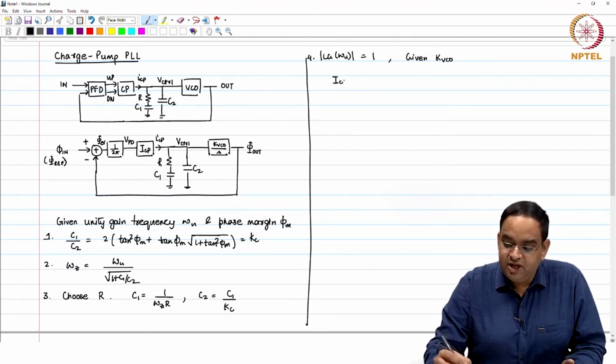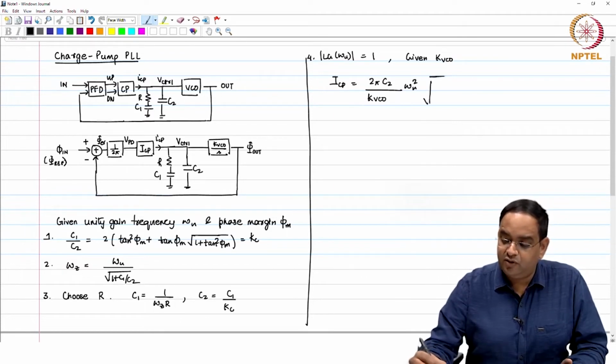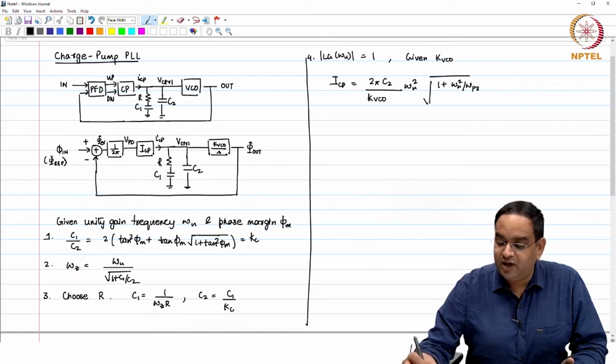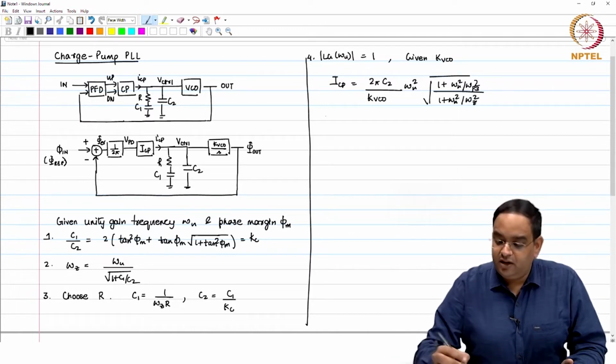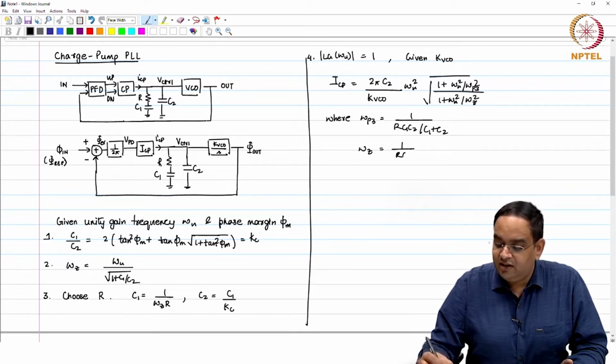So, then your ICP is simply equal to 2 pi times C2 divided by KVCO into omega u, square root of 1 plus omega u square by omega p3 square divided by 1 plus omega u square by omega z square, where your omega p3 is equal to 1 divided by R C1 C2 divided by C1 plus C2 and omega z is equal to 1 by R C1.